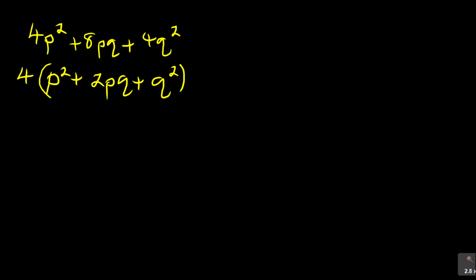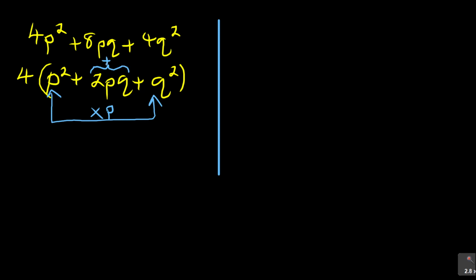Take the first and the last, and what I'm going to have is my product. And then what is my sum? My sum is the middle term. So now I can do it quicker. My product means p squared times q squared, which is 1p squared q squared. My product is 1. And my sum is the center number, which is 2pq.